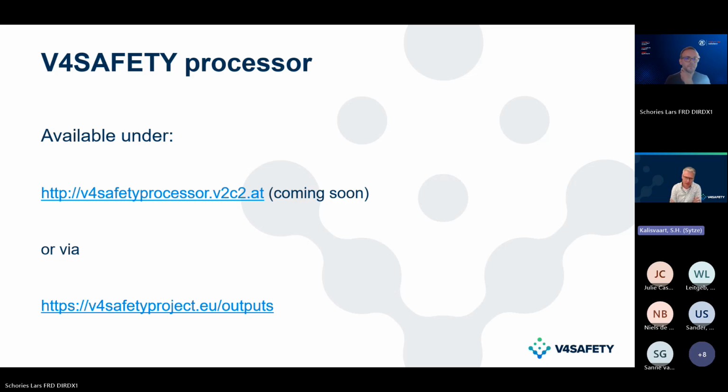The V4SAFETY processor essentially helps you to go through all these steps that Lars presented, but in a software-supported tool. You make your selections, and it will pop up the appropriate tables and views automatically. That makes it a lot easier to use, and takes less reading as well.